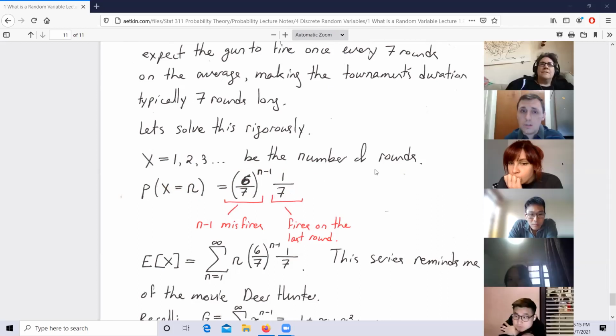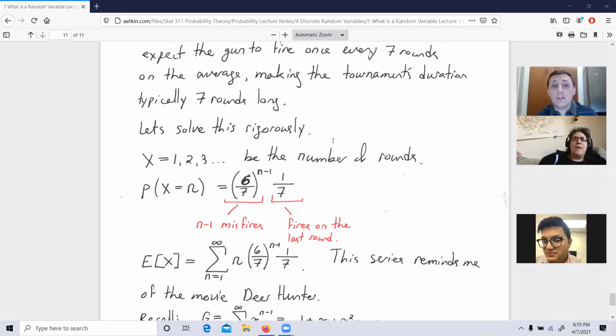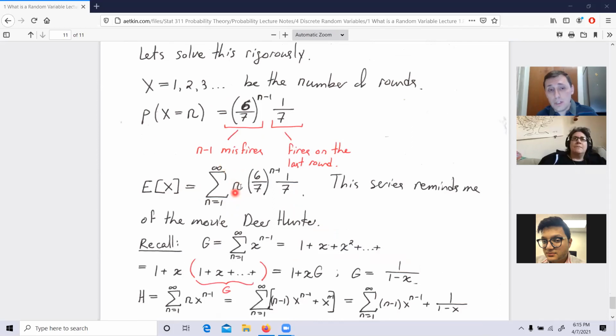Good? And then the expected value is simply the summation over n of the outcome n multiplied by this probability.